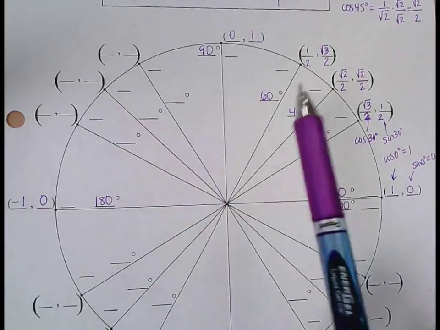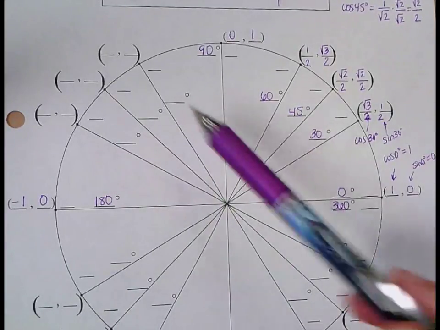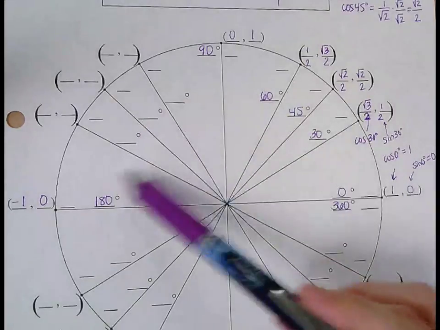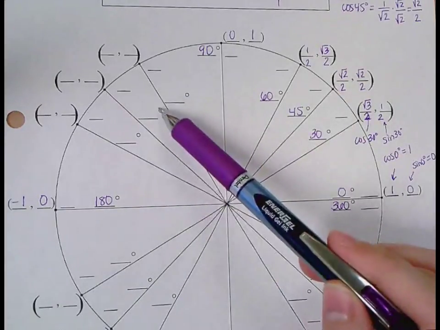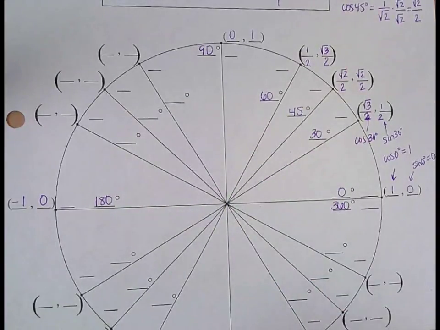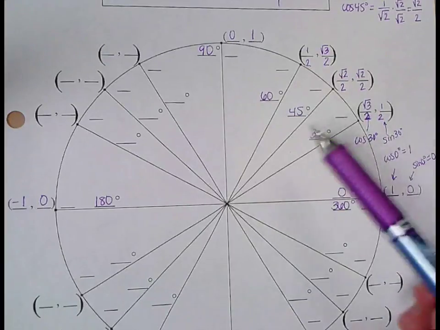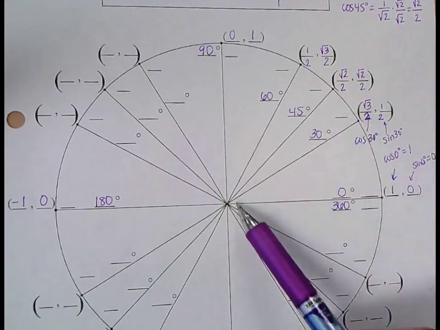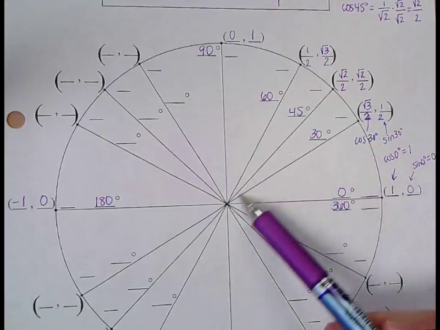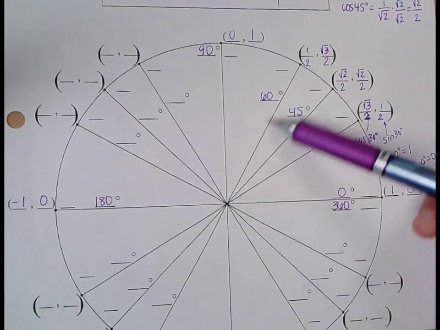I'm going to help you out here and help you understand too where these other angle measures are coming from. So I'll start with the 30 degrees. Notice this line here at 30 degrees and this line here.